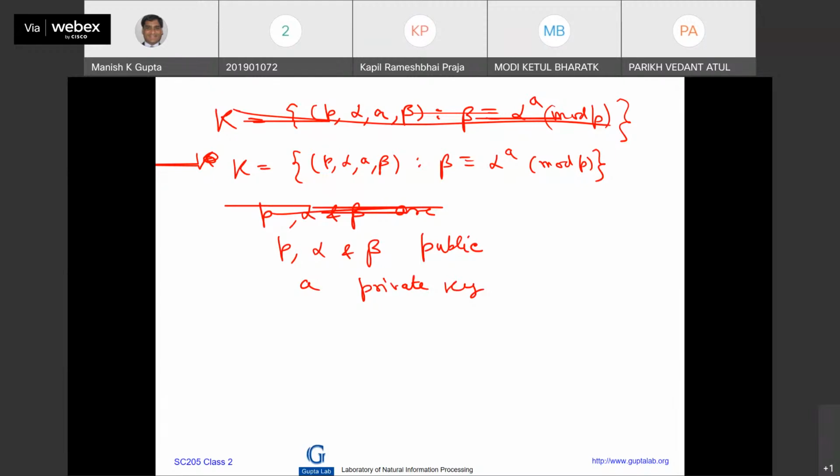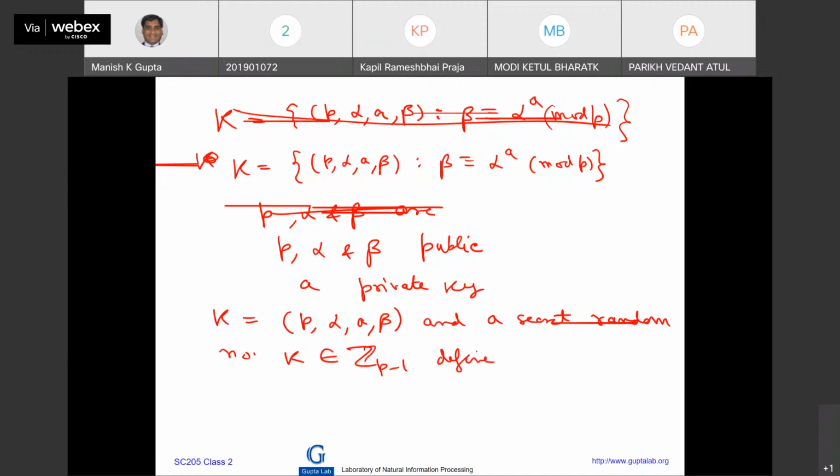Now I want to send some plain text. For a given key K equal to (p, alpha, a, beta), choose a secret random number k in Zp minus 1.